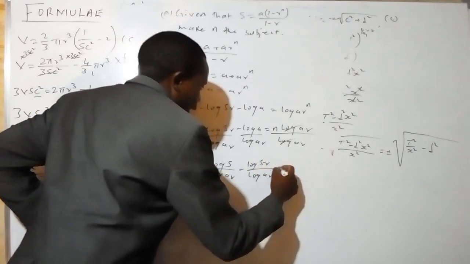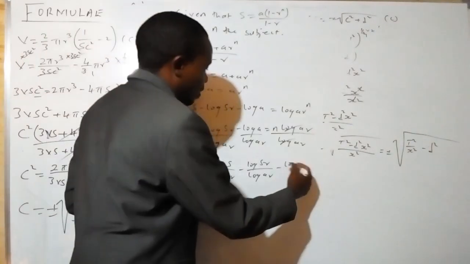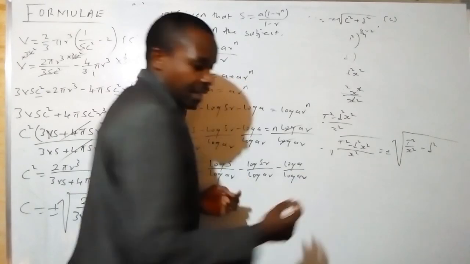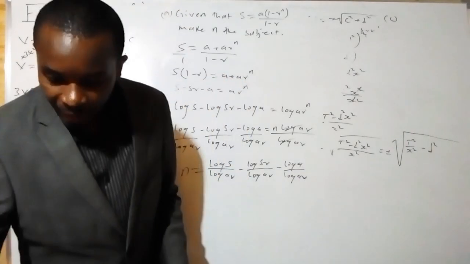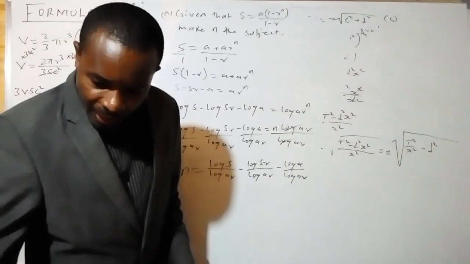Then again we have minus log A all over log AR. That's our correct answer. Good.